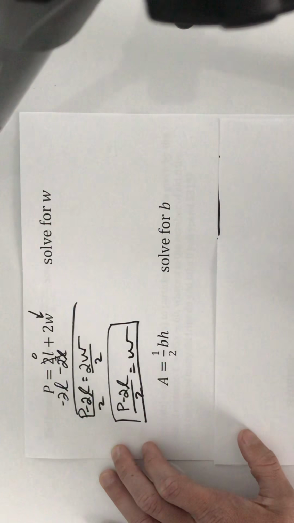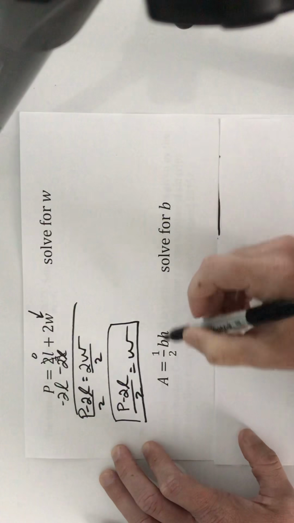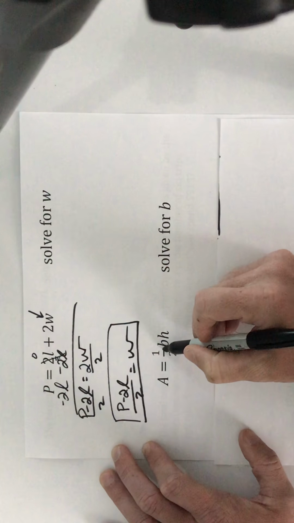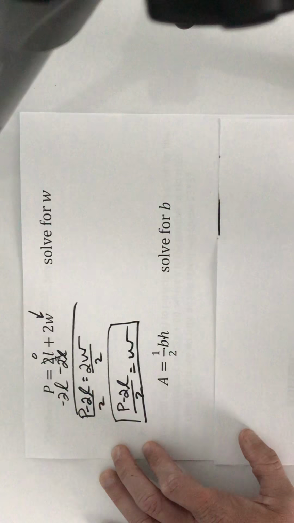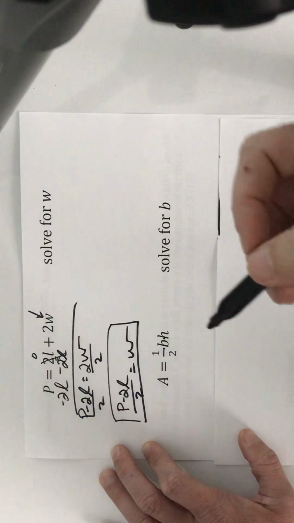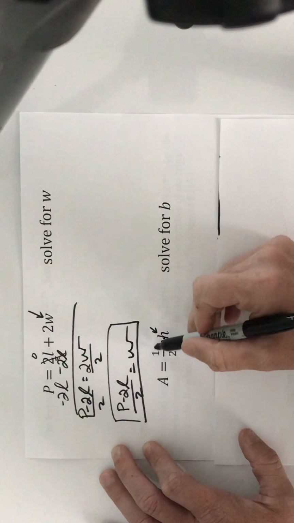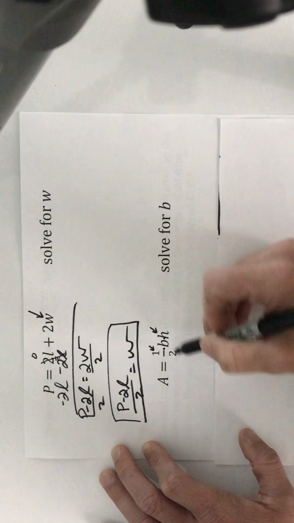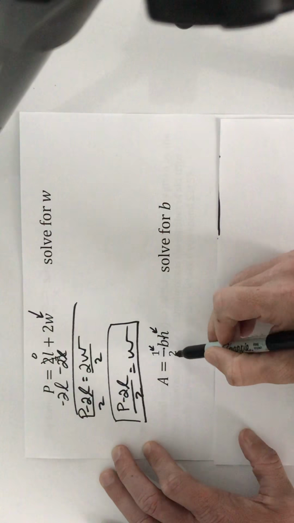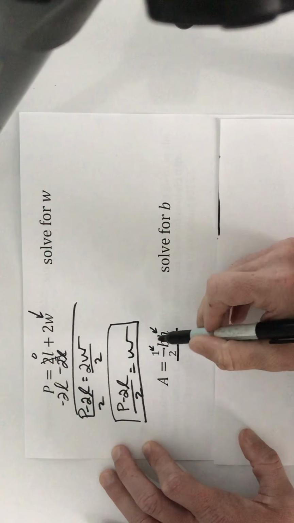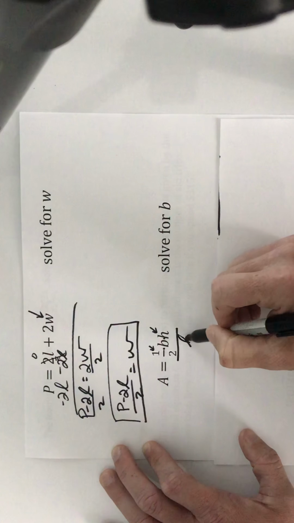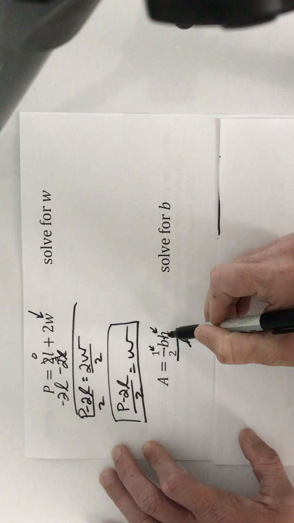All right, our last one of these types, we're solving it for b. So we have a equals 1/2 times b times h. I like to do that or use parentheses to show that that's being multiplied. So things that we have to deal with. We have to deal with this h and this 1/2. When I look at this, I see it being multiplied, so I'm thinking division. It's one term. I think I'm going to have to divide by h because h divided by h is going to be 1.